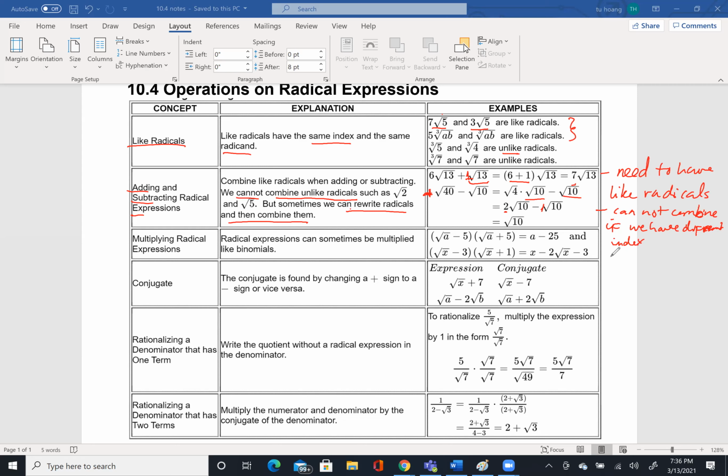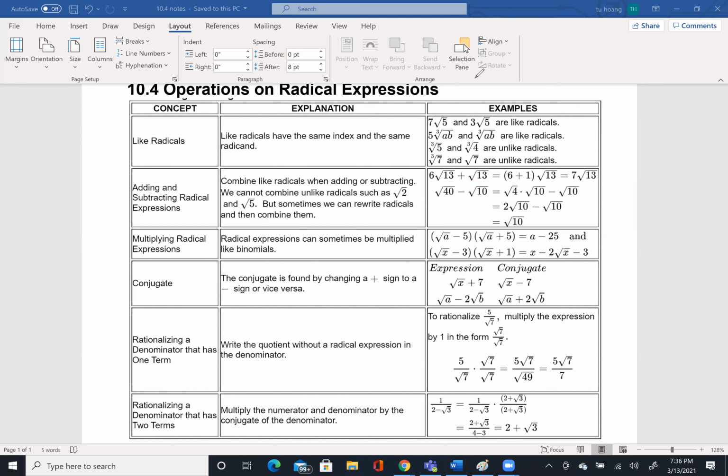So if you have something such as square root of 4, square root 2, and then plus cube root of 3, you cannot combine it unless you can simplify something to make it like radicals.